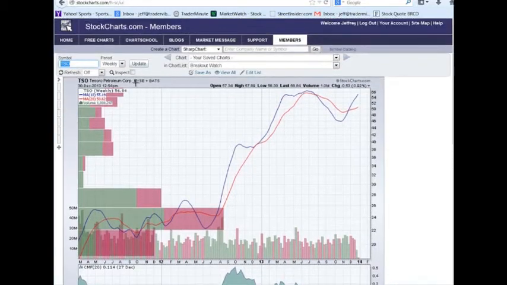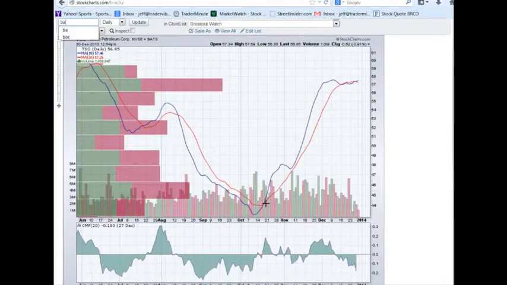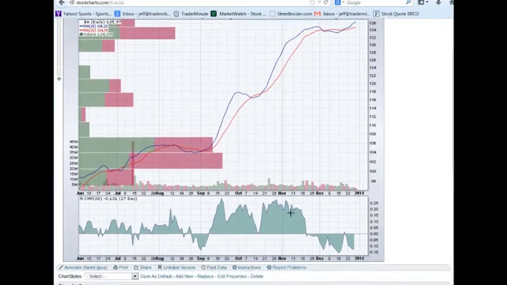Now, is that going to look different on a daily basis? Absolutely. Look at Tesoro, the Chaikin Money Flow here. It's saying sell. But go ahead and try to sell when the Chaikin Money Flow triggers sell and buy when it triggers buy on a daily chart. I promise you'll be more wrong than you are right. It just does not have a lot of accuracy to it at all.